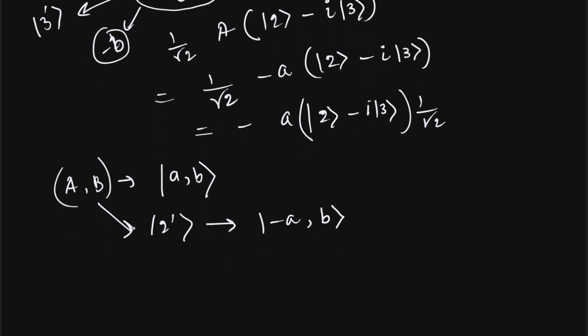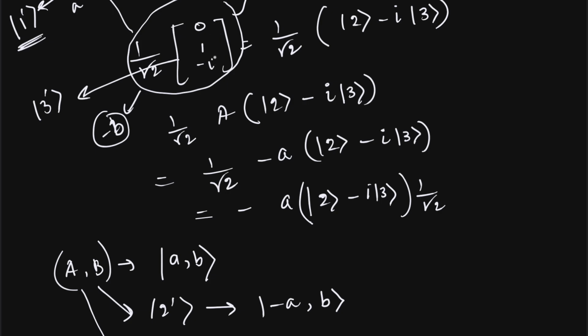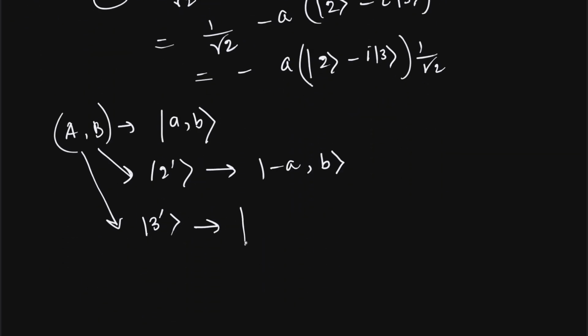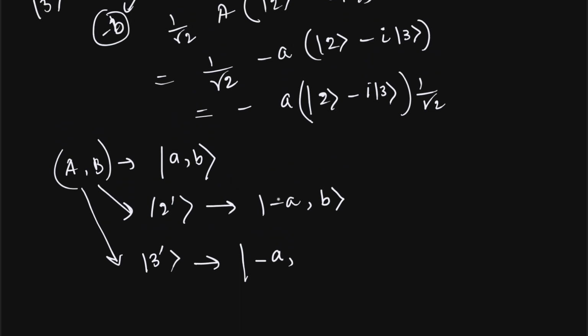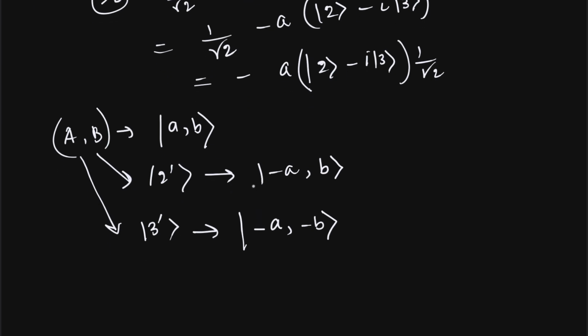So 2 prime can be written as this: this is the eigenvalue corresponding to A, and this is the eigenvalue corresponding to B. Now for the third eigenket, the eigenvalue corresponding to the operator A is again minus a, but the eigenvalue corresponding to the operator B is minus b.